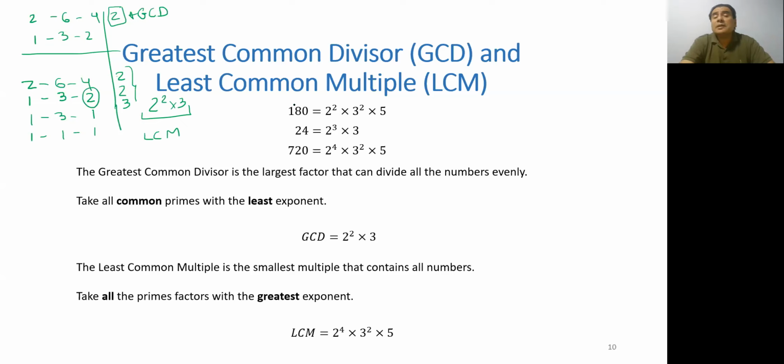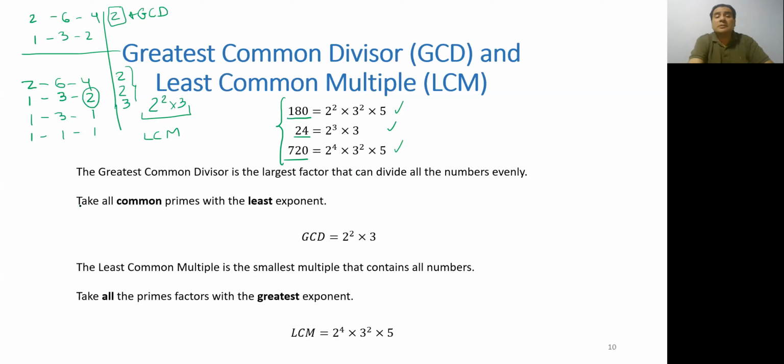But when the numbers are bigger, you can use the prime factorization to find the GCD or the least common multiple much faster. Let's do this exercise with 180, 24, and 720. Now, you have the numbers already factored here as products of prime factors. So how do you find the GCD for numbers that are already factored?